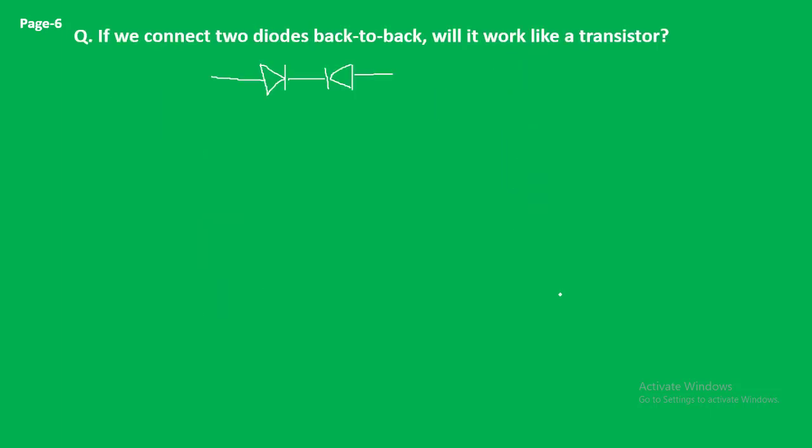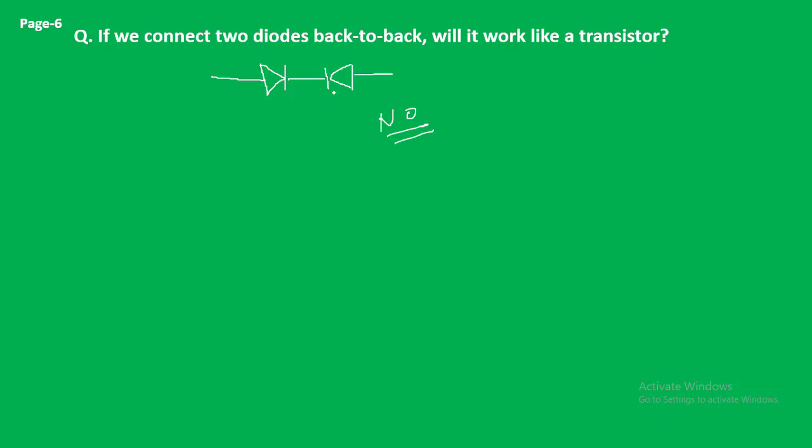Now one important question, this is also an interview question or in laboratory vivas. If we connect two diodes back to back, will it work like a transistor? So the answer is a big no. It will not work as a transistor. Why?